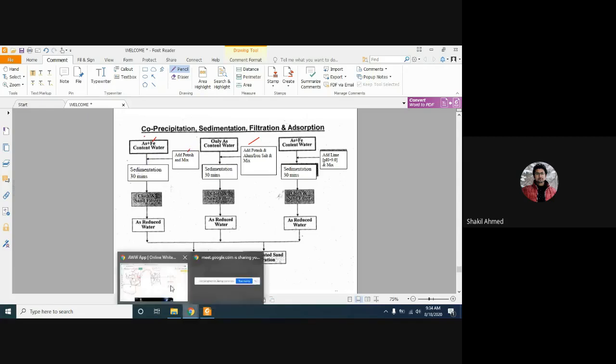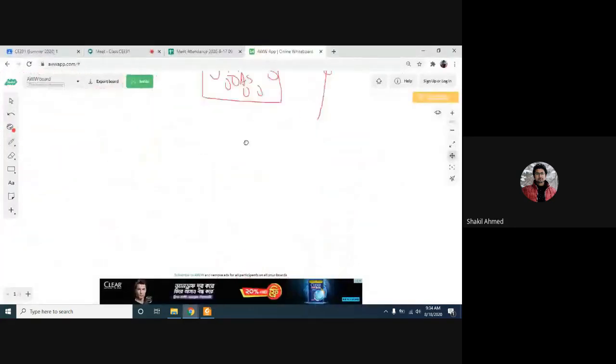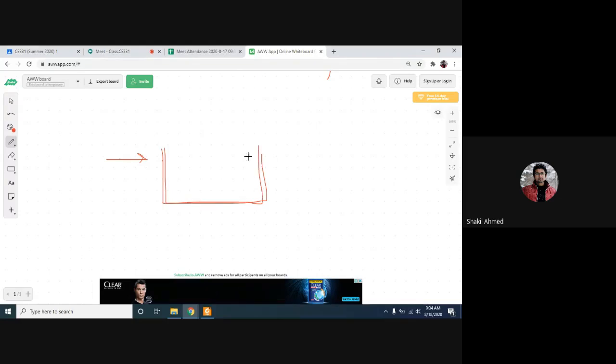Sedimentation means your water comes first into the sedimentation basin. We already know sedimentation. The water will flow through the sedimentation, the solid particles will fall down, and then from there you use a filter.